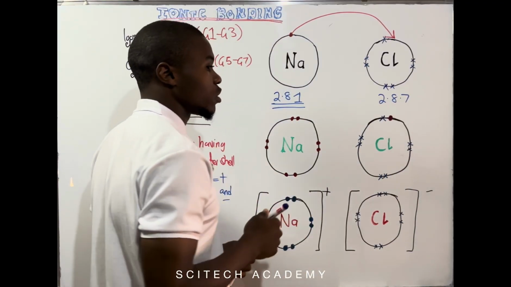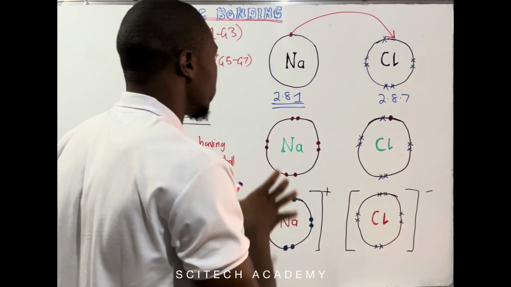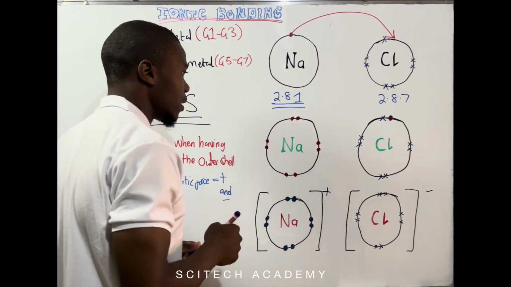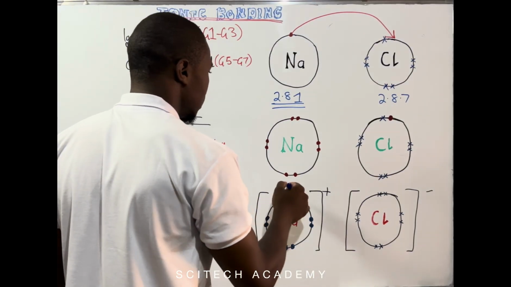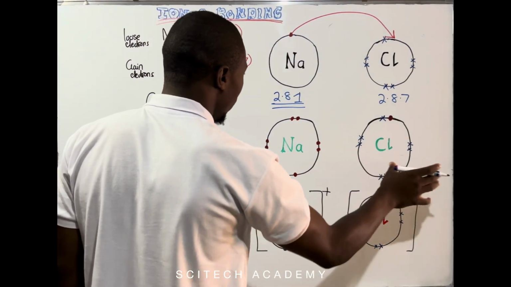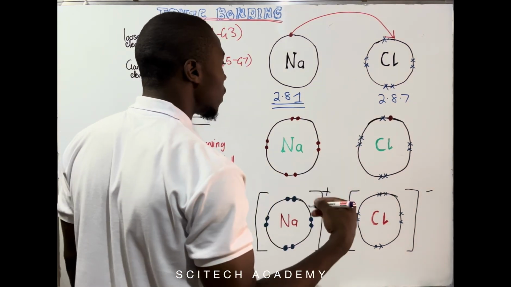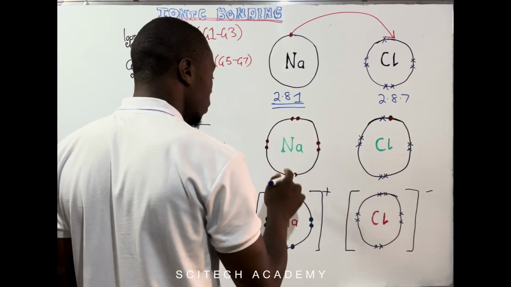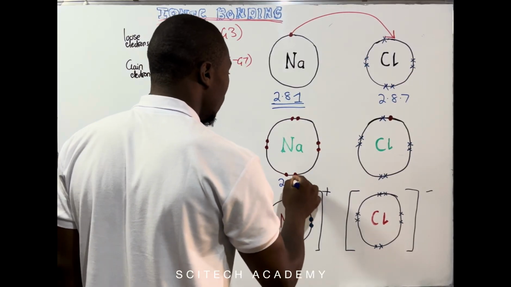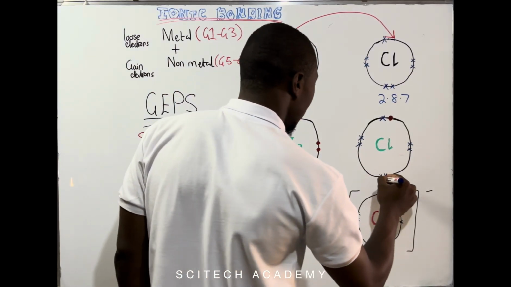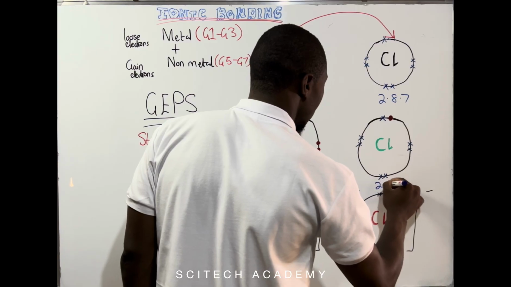And because of the gaining and losing of electrons between sodium and chlorine, the newly formed ions, for sodium a cation, will have 2,8, and then this one will have 2,8,8.